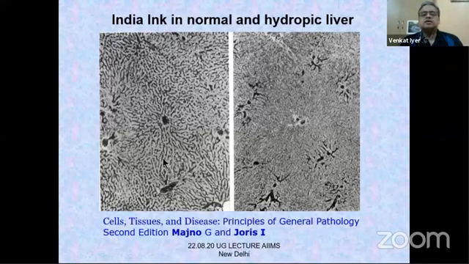It doesn't stick around in the sinusoids because there is open sinusoids. Whereas if you have cell swelling because of injury, if you inject India ink, the India ink tends to stick around in the sinusoids because the swollen cells have obstructed the sinusoids.